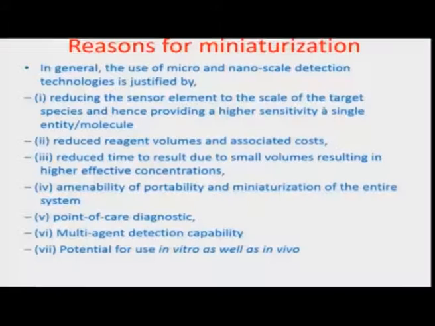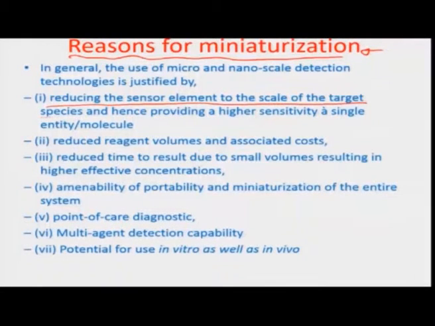At the same time, the robustness factor may go down because of the small, physical nature of the sensors when we talk about miniaturization. And generally there are many reasons for doing miniaturization when we talk about sensing in the chemicals or biochemical processes, and one of them is reducing the sensor element to the scale of the target species.